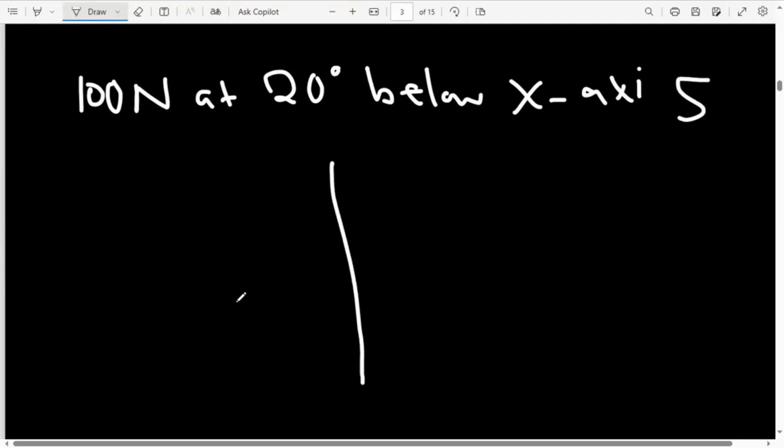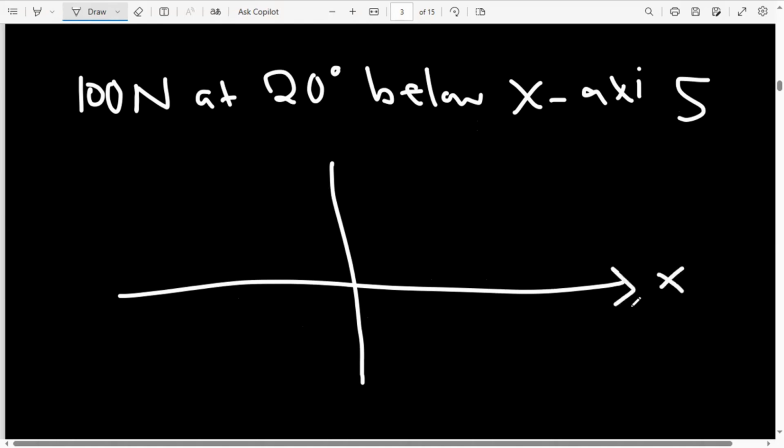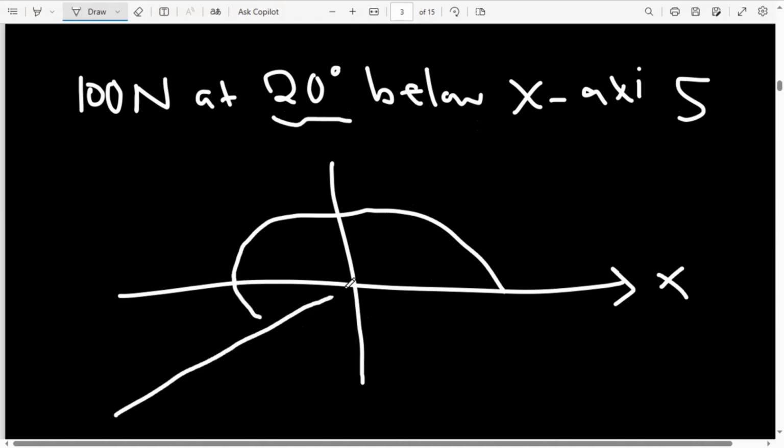If I draw my x-y plane like this, 20 degrees below the x-axis means I'm starting from the positive x-axis, going around, and then below means I have to surpass the x-axis by 20 degrees. So it will meet the vector there. This is the vector that we have.